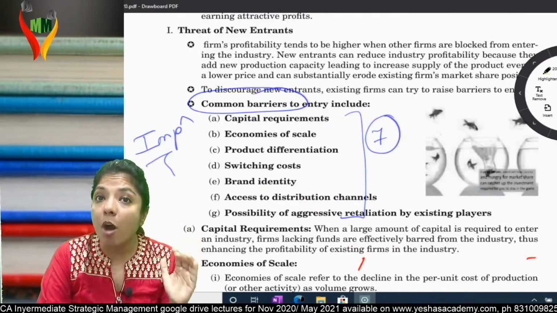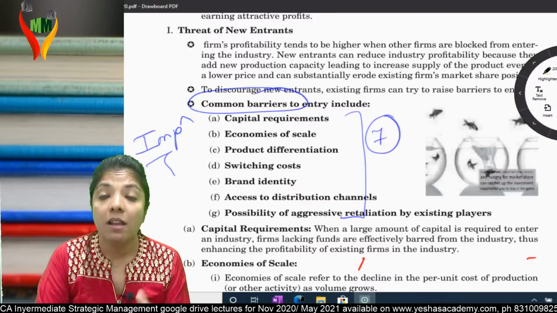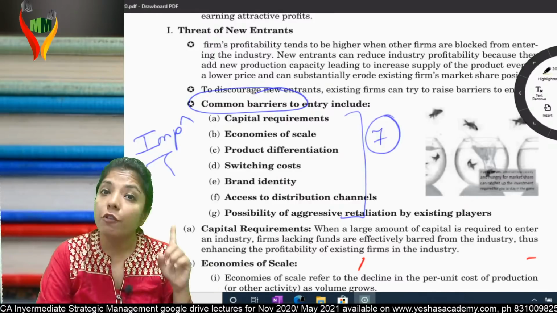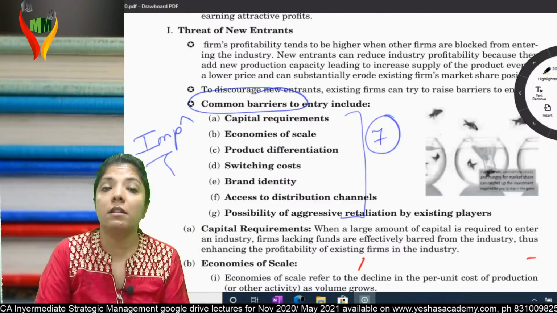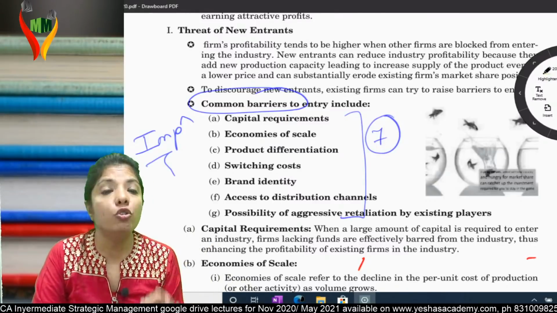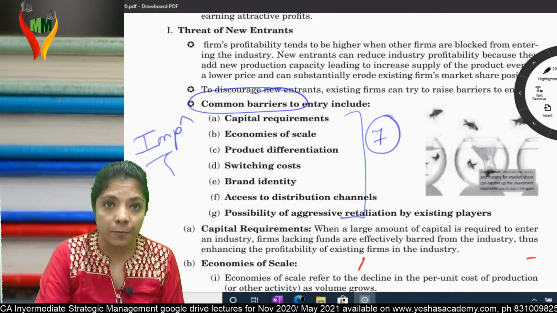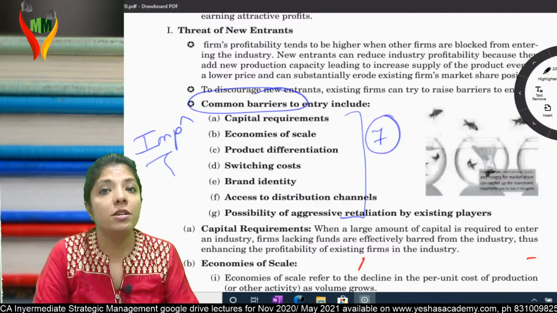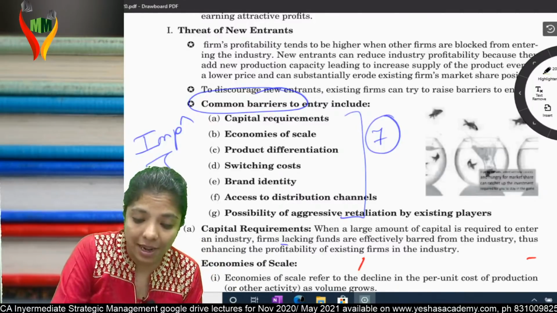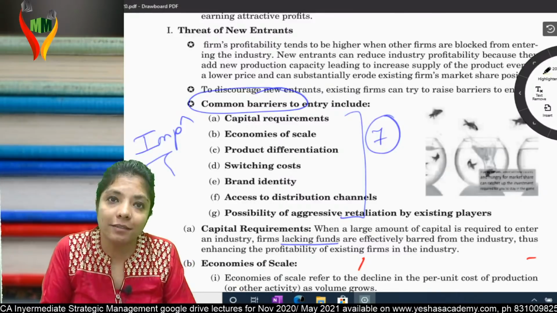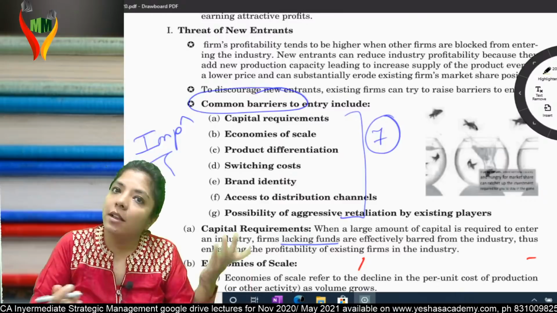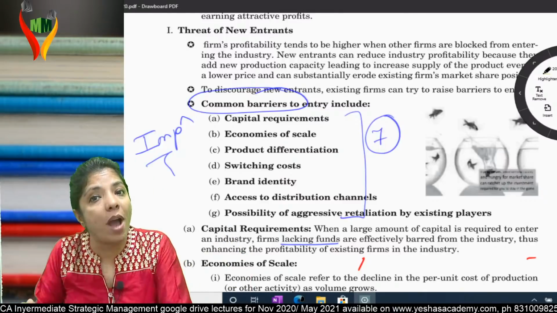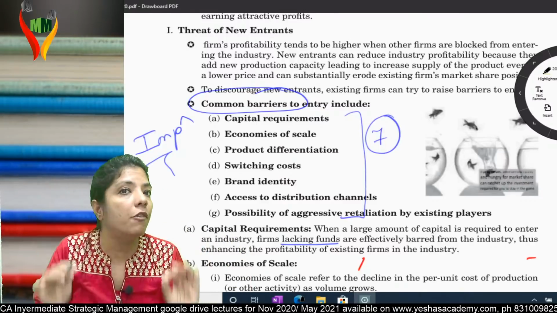What are the common barriers for new entrants? Why do new entrants face problems? First barrier, capital requirement. If too much money is required to enter any industry, a new entrant who lacks funds will not enter. Simple. If you don't have money to invest, you won't enter. In that case, capital requirement will be a barrier for new entrants.